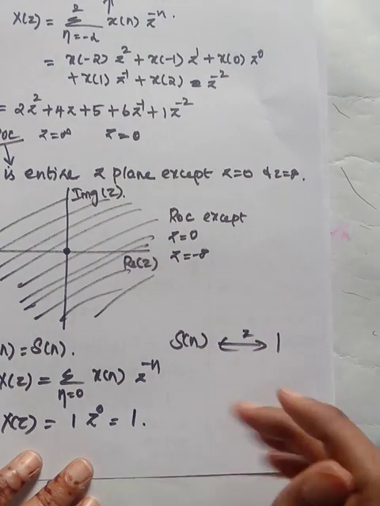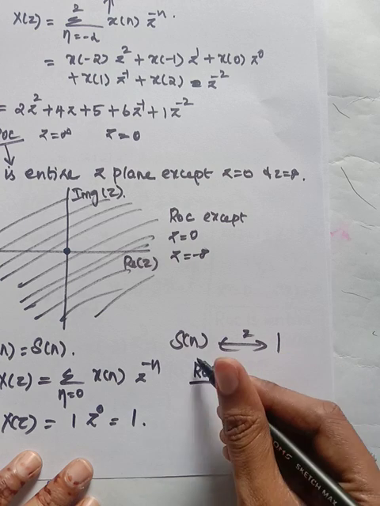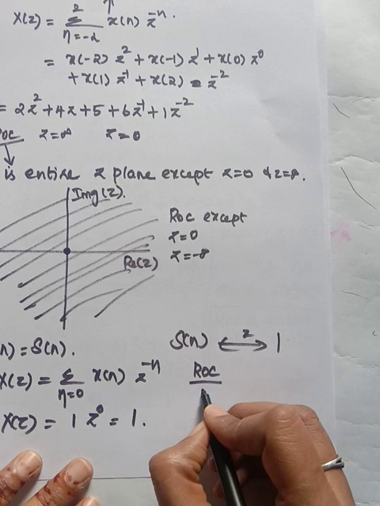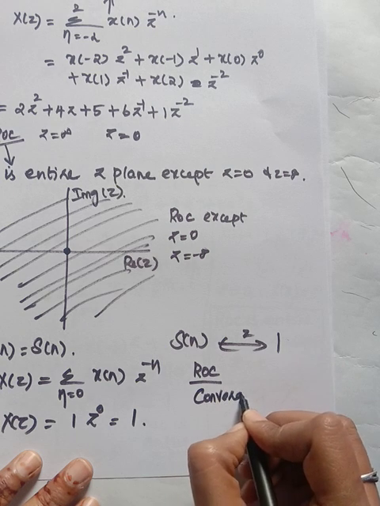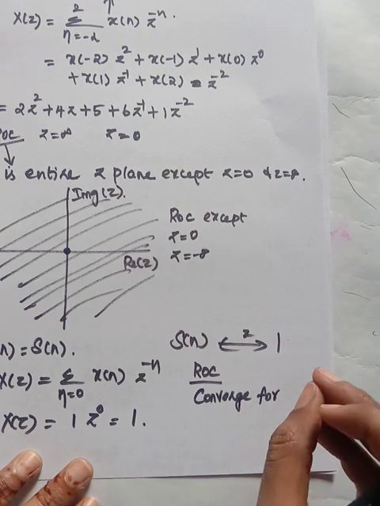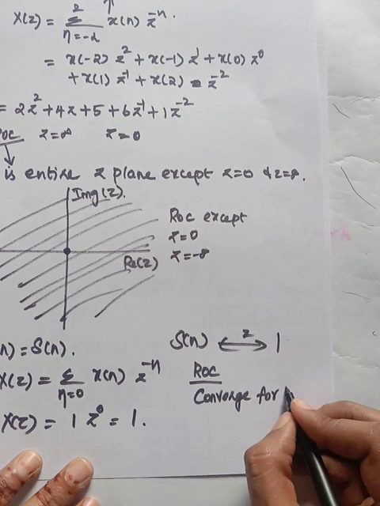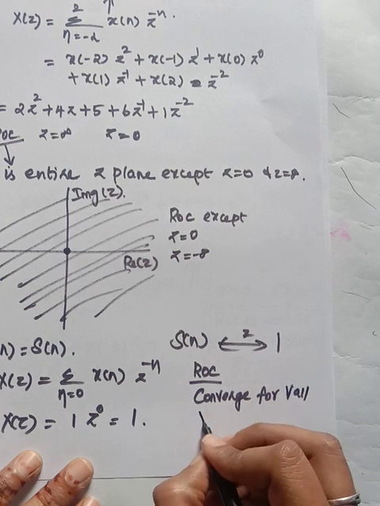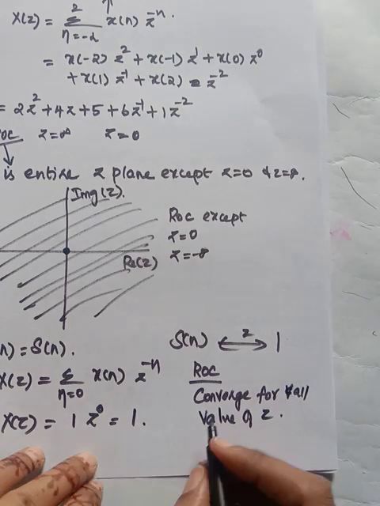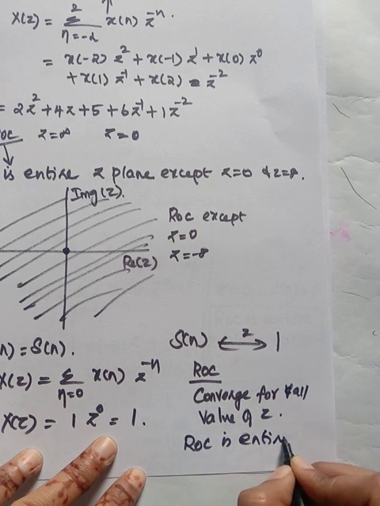Now if you want to find the region of convergence, here x of z does not depend on any term in z. So it converges for every value of z, taking the finite value 1. So the region of convergence is the entire z plane.